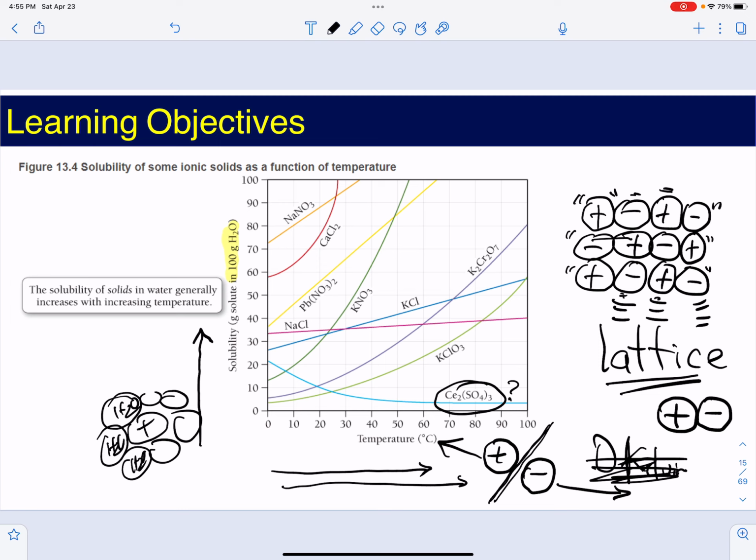As the temperature increases, more and more of it should dissolve. And that's how the temperature relates to the solubility of ionic solids, with few exceptions. And for those, we've got to go deeper. But in general, all ionic solids that dissolve in water will experience an increase in solubility as the temperature increases, because you are increasing the kinetic energy, therefore disrupting the forces that are keeping them together.